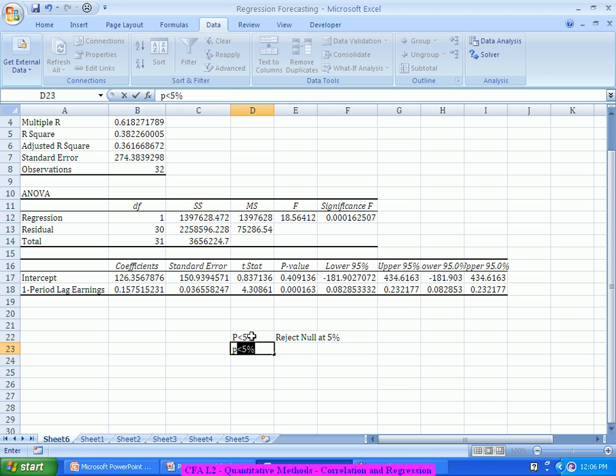And if P is greater than 5%, fail to reject null. So without doing any calculation, just by looking at the p-value, you can say whether I should reject the null hypothesis or fail to reject it. That is 95% confidence level.